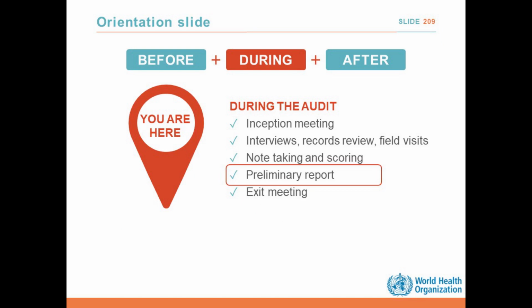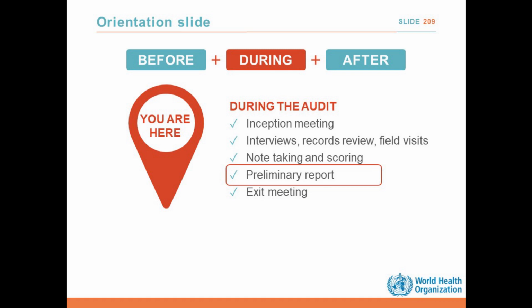So here is our familiar orientation slide reminding us where we are in this audit process. Recall that we're still at the during-the-audit stage, and we've conducted our inception meeting to clarify plans and expectations and hopefully to set that collaborative tone that is so important. We've collected information through interviews and records review and field visits.